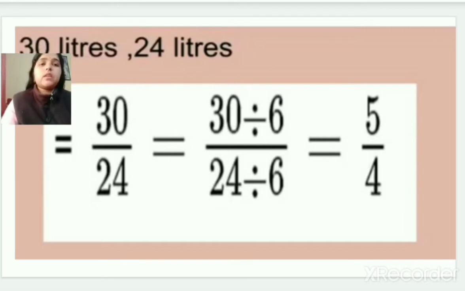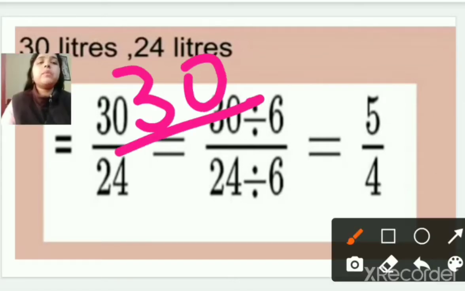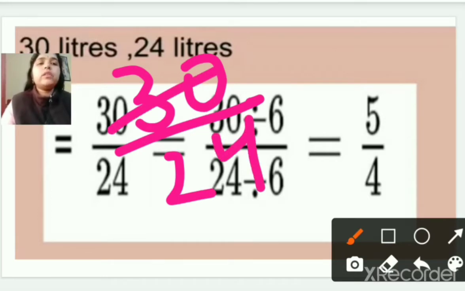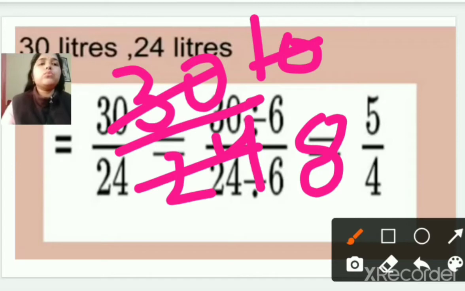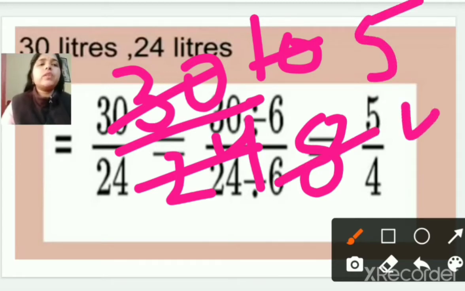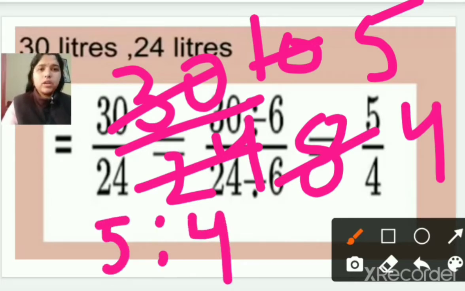Yes, 30 comes in the table of 3 and also 6. I am taking the table of 3 for you. 3 10s are 30 and 3 8s are 24. Again divide by 2: 2 5s are 10 and 2 4s are 8. So we have the fraction 5 by 4. So our answer in ratio is 5:4. This is the way of representing it.